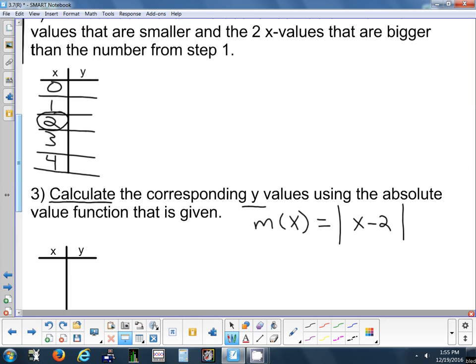Does anybody remember Mr. Roy and I said if you don't like this, you can just change it to a Y? This M of X is really Y. So if you don't like this box and what's in the box, write it like this instead. That's exactly the same thing.